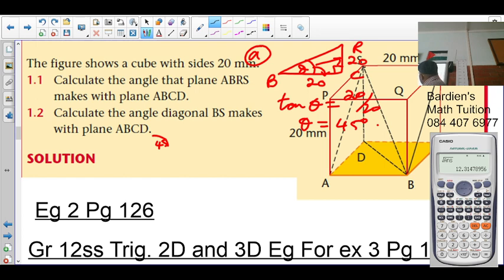Yes, BS makes with plane ABCD. So it's this here at the bottom. So which angle are they referring to? I think it's this angle here.